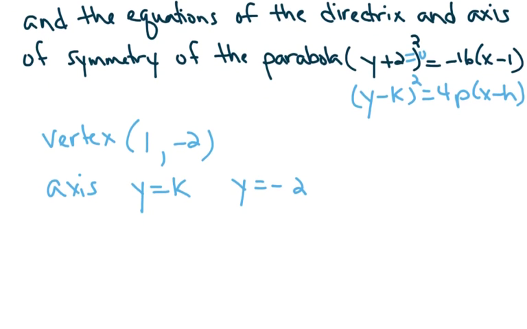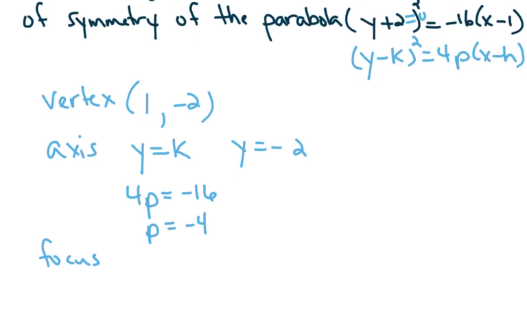Then, in order to find the directrix and the focus, we need to know what p is. So we know 4p is in the same place as negative 16. So p must be negative 4. The definition for the focus, if the parabola opens left or right, is at (h plus p, k).